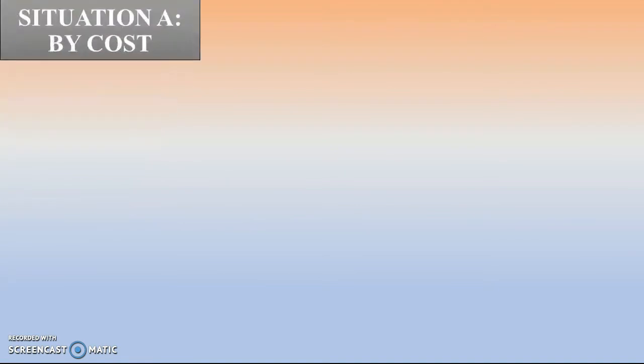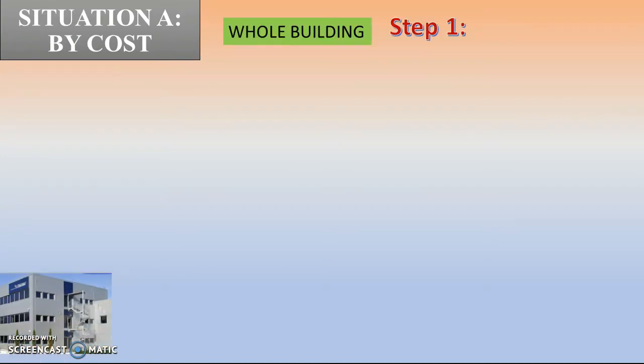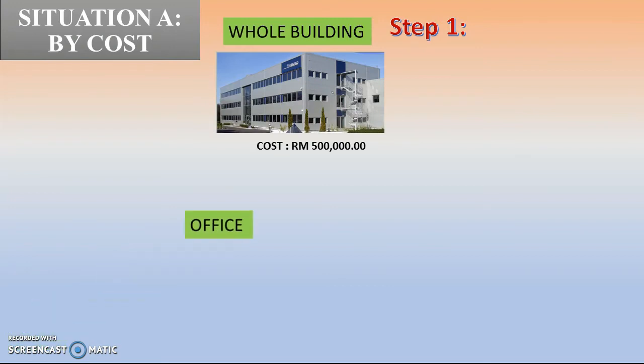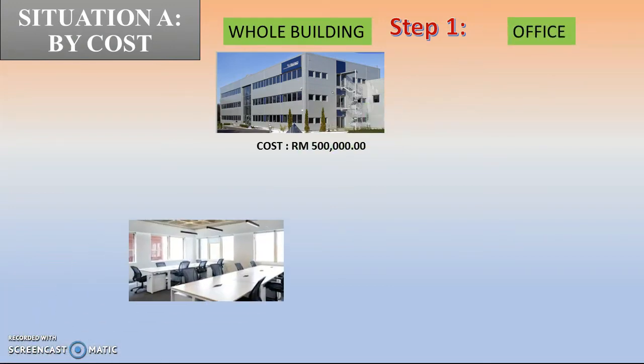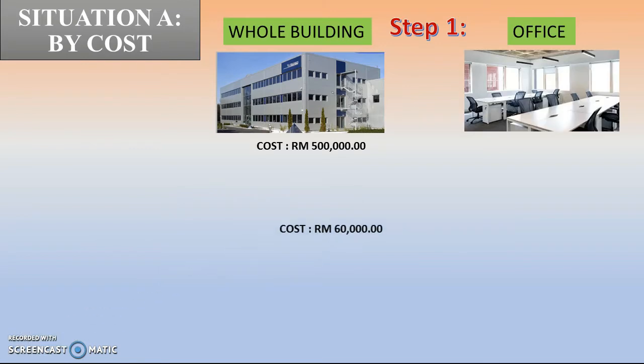So let's have a look at an example. I give you situation A, calculate by cost. You must use these steps. Step 1, you must get to know the cost of construction for the whole building and the cost of construction for the office.